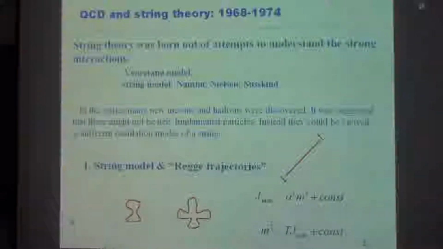But here this J is spin. So anyway, this string picture can give you this rich trajectory, so basically the mass square is proportional to some quantum number here.